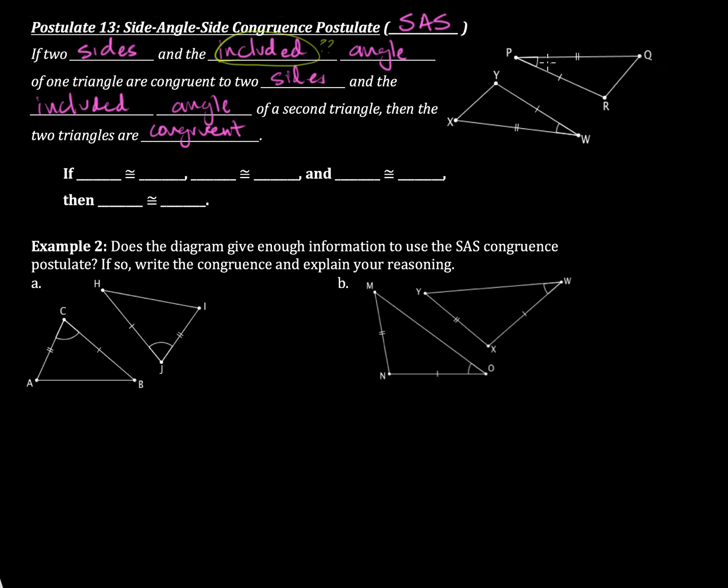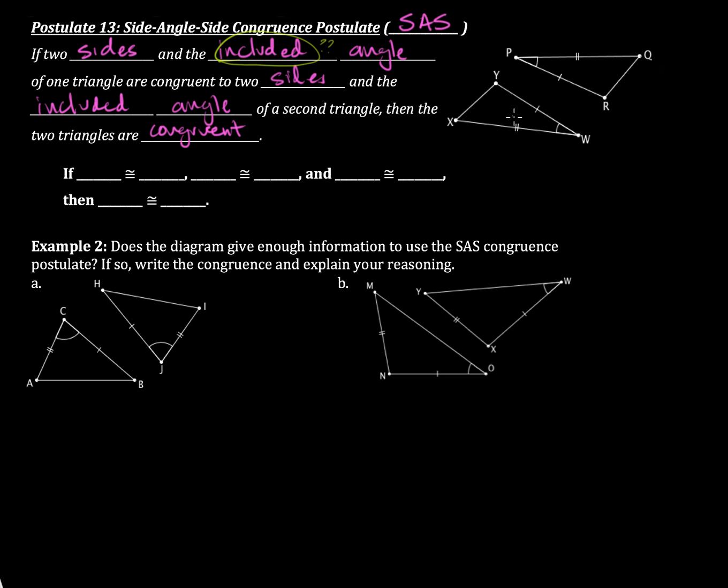Well, if you notice over here, let's look at triangle PQR. We have this segment PQ and this segment PR that join at point P. And so angle P, the place where segment PQ and segment PR join together, is considered the included angle between those two segments, or those two sides.